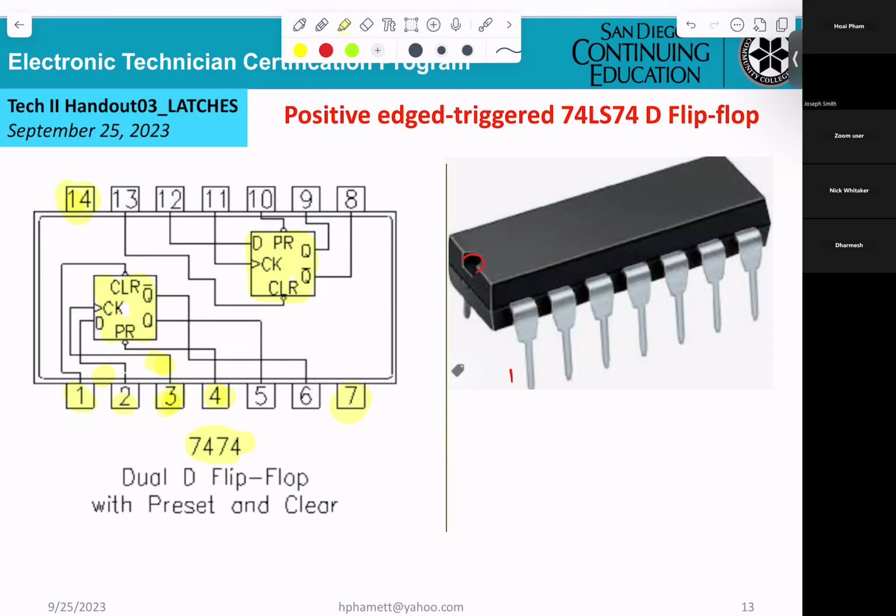Pin number 5 goes to Q. Pin number 6 goes to not Q. That means they're telling you that you get two flip-flops and what each pin is doing.